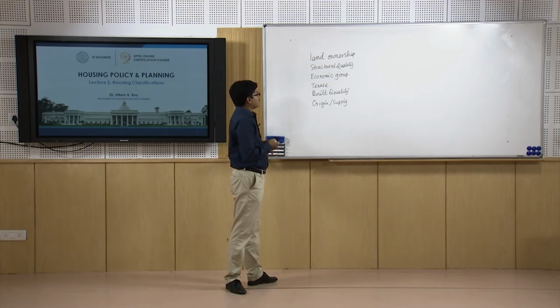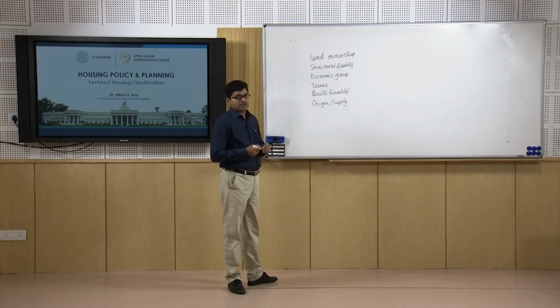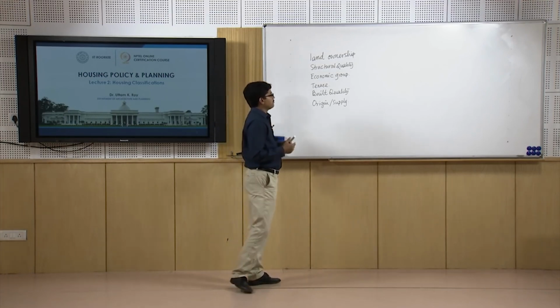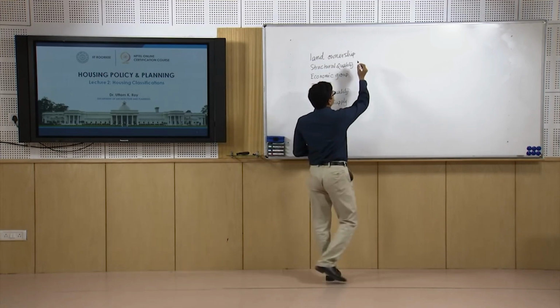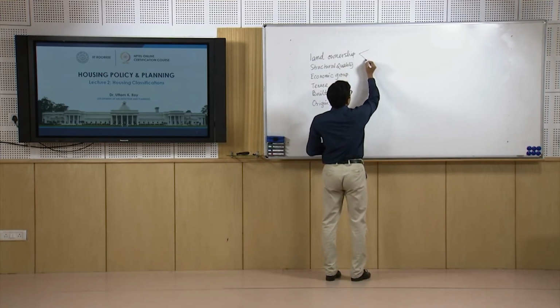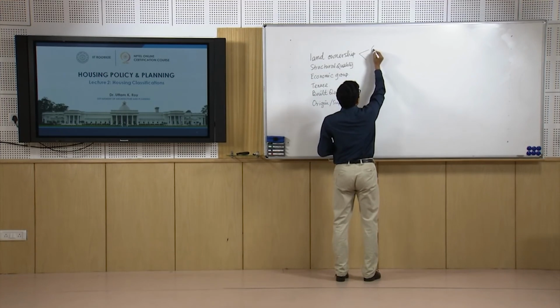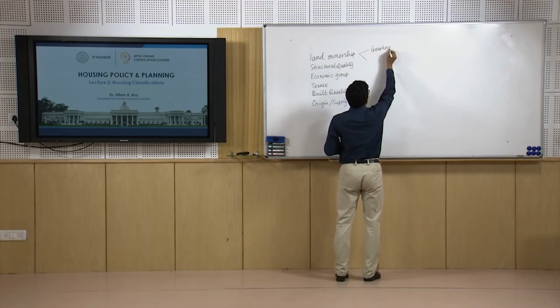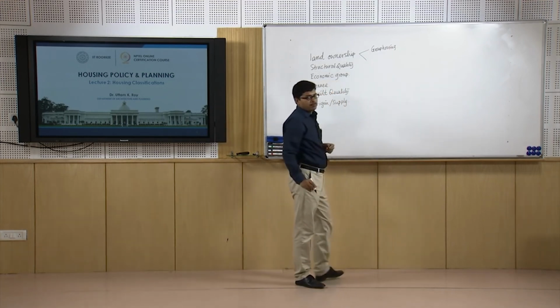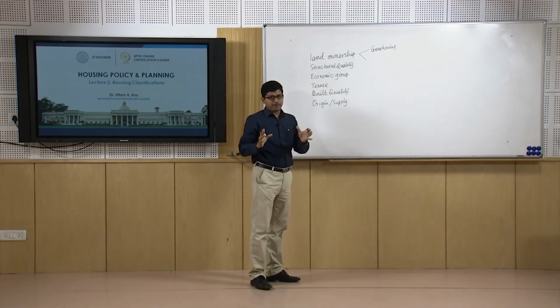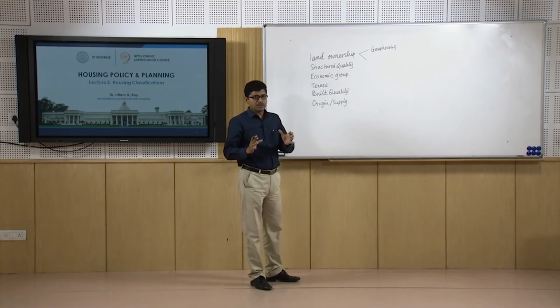Not all houses are owned by every person. So, based on land ownership, there are basically two different types of house. One is group housing, where people own the house unit or the apartment, but they do not own the land and the infrastructure.